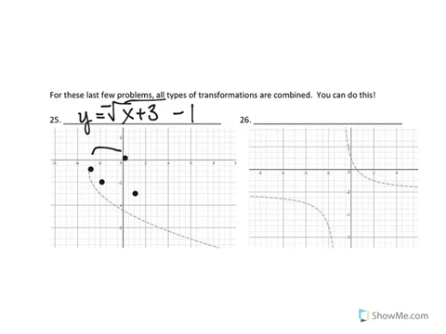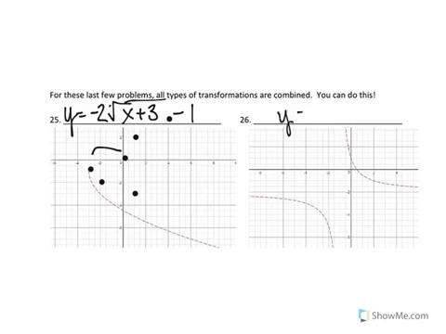So instead of going over 1 and up 1, I'm going over 1 and up 2. And then it went over 4 and up 4, which meant that we are multiplying everything by 2. So I'm going to come over to my function, and this is going to end up being y equals -2 times the square root of x plus 3, minus 1.